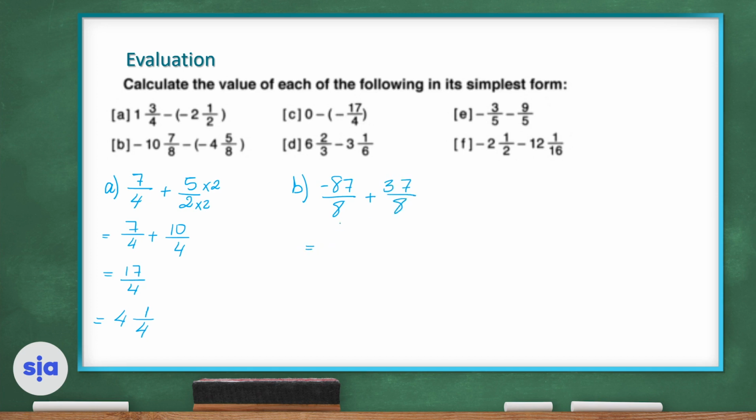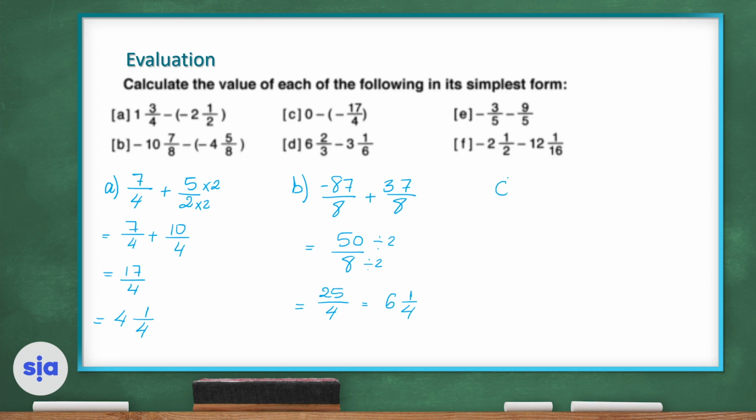To simplify this, negative 87 plus 37, that's negative 50 over 8. If you want this in the simplest form, you divide both by 2. So it's negative 25 over 4. Again, from where did we get this? We divide here by 2 and here also by 2. If you want to put this as a mixed number, the 25 has 6 fours, and then the remainder is 1.